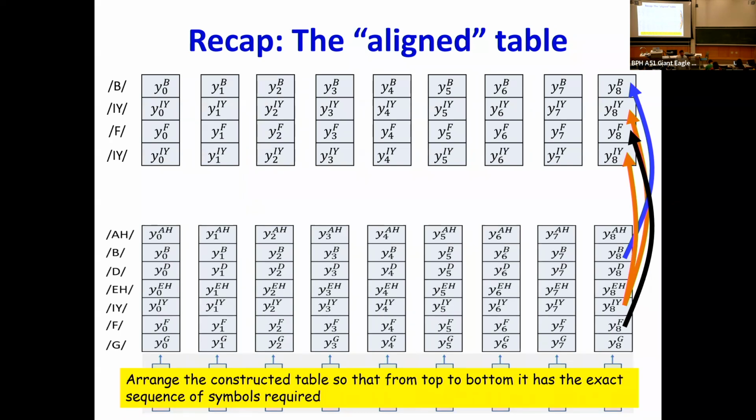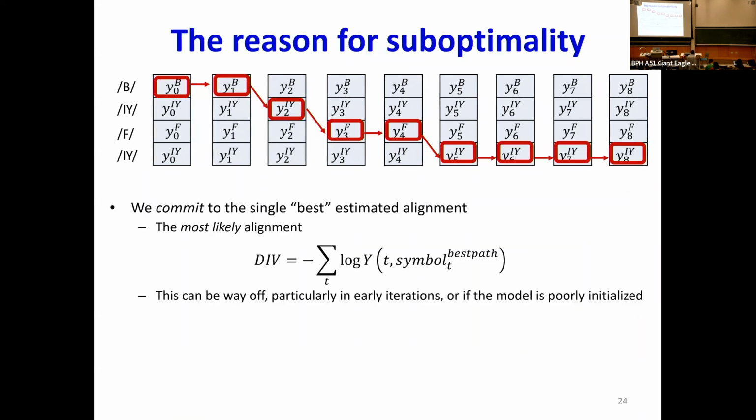We composed this compressed table of probabilities, which only included the symbols in our training instance, in the proper order. Any alignment was a path through this table from the top left corner to the bottom right corner, and the probability of the alignment was the product of the probabilities along the entire path. We picked the path with the largest probability.